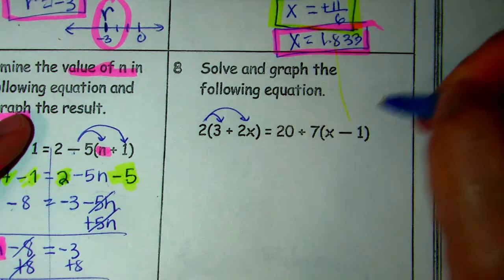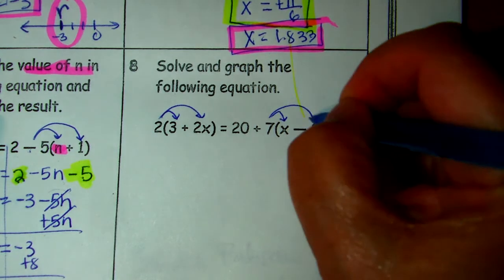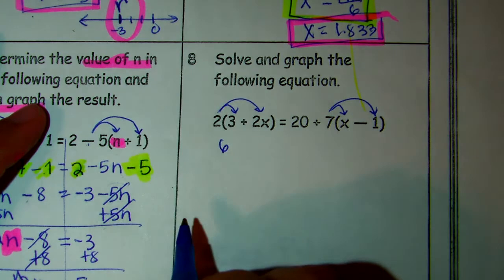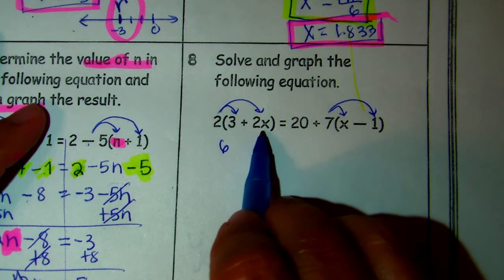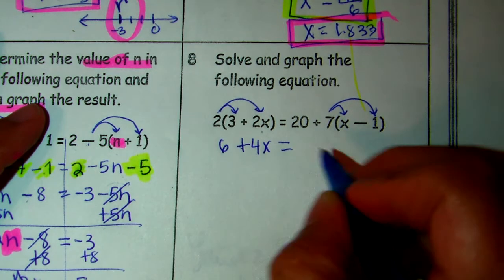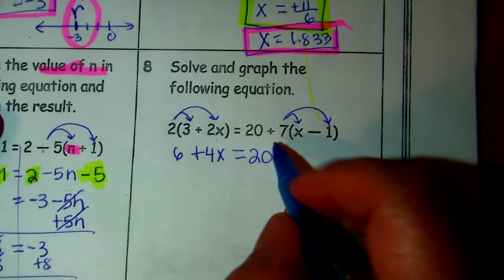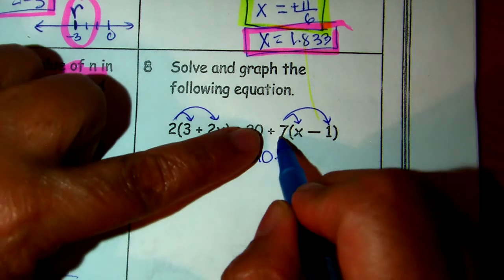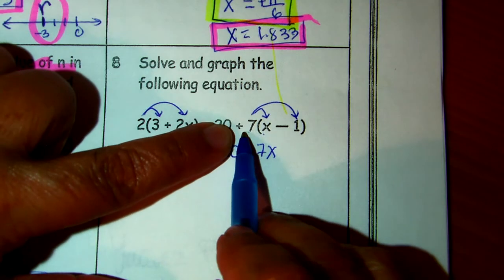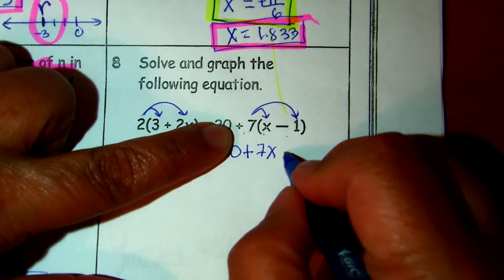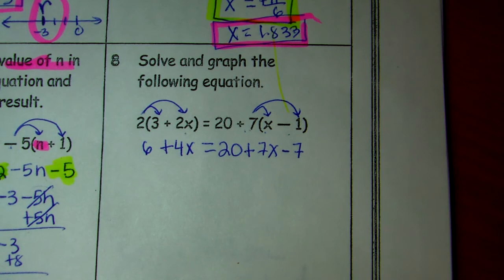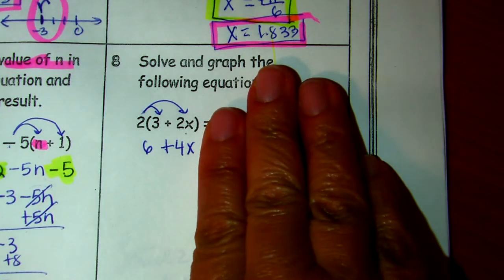Distribute, distribute, distribute, distribute. 2 times 3, 6. 2 times 2x, 4x equals 20. Plus 7 times x, 7x. Positive 7 times -1 gives you -7. Which ones can we combine over here?